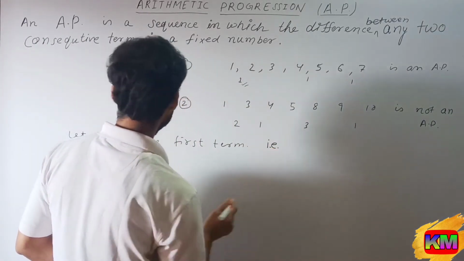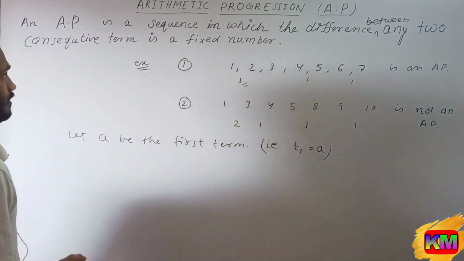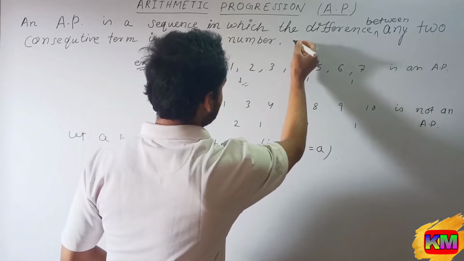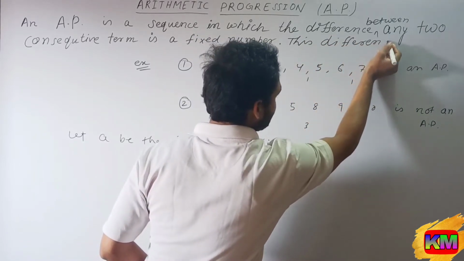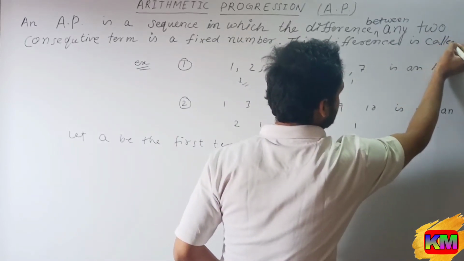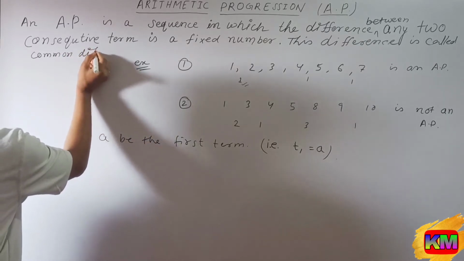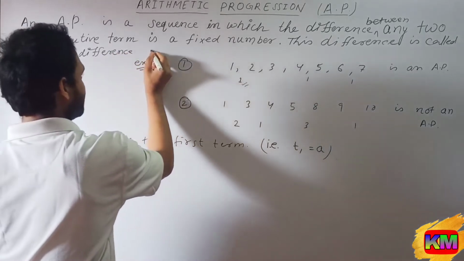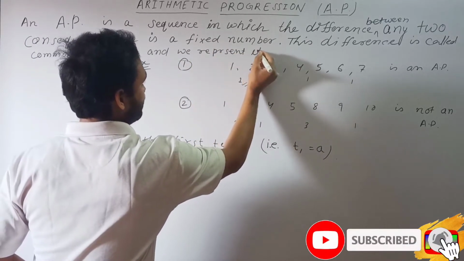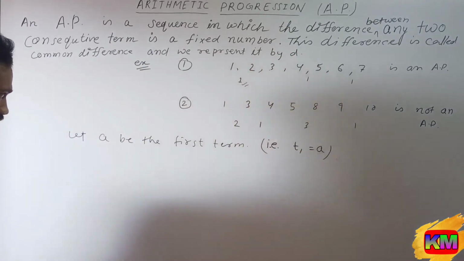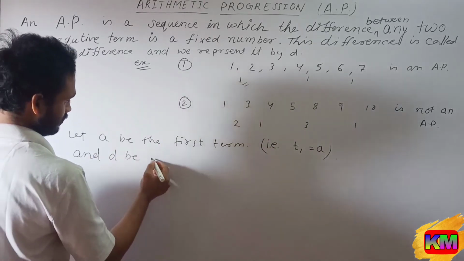We represent a term by T, so the first term is T1, T1 equals A. And here we missed one thing, that this difference is called the common difference, and we represent it by D. So now let A be the first term and D be the common difference.